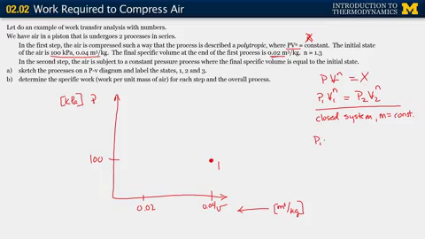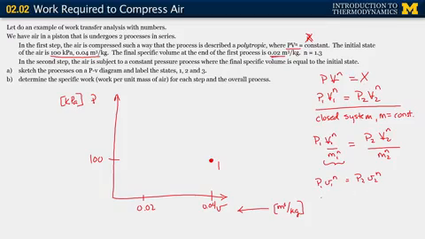So take, for example, each side of this expression and divide it by the mass raised to the n power. Well, this term is simply the specific volume. Right? So that's important because our problem statement gives us information in specific volumes, not in absolute volumes.